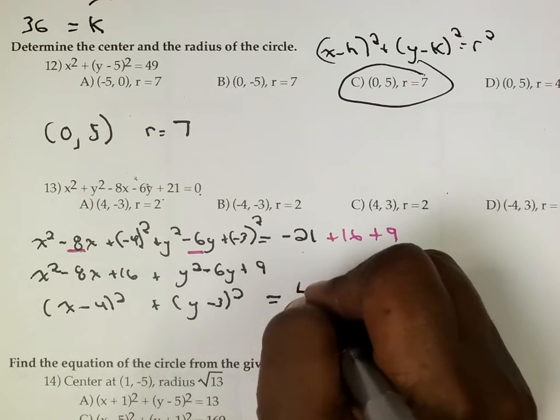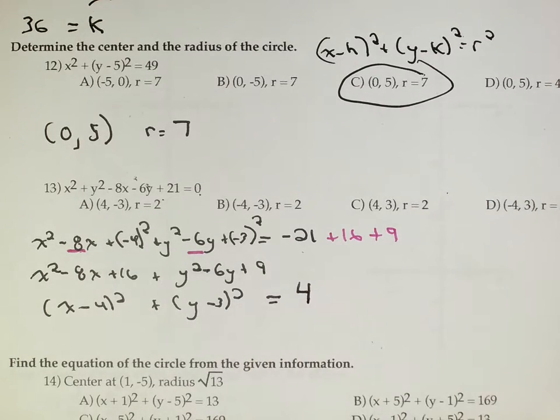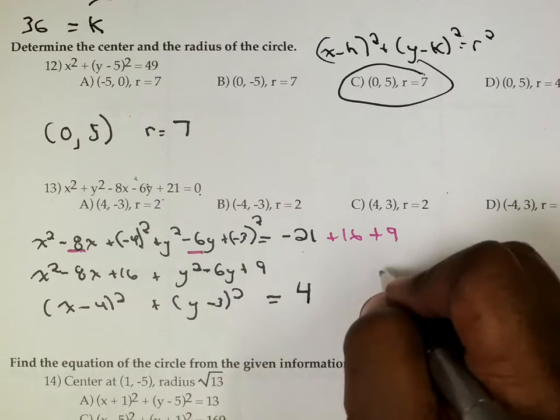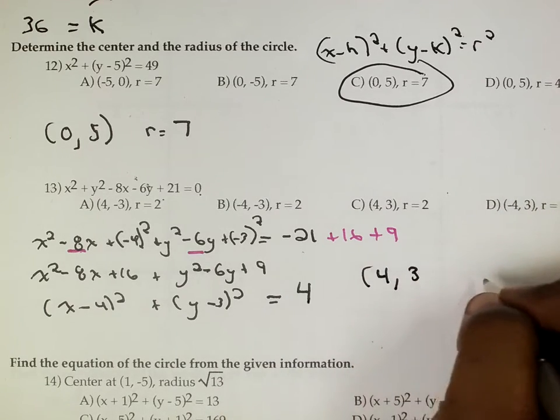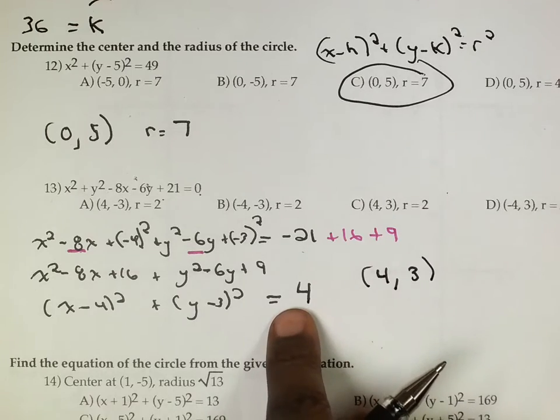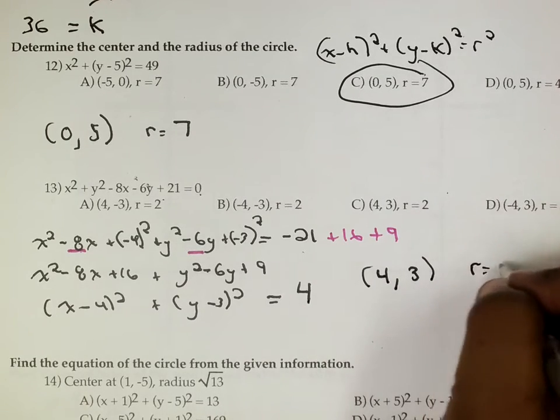And that just combines to a 4. Now that everything's in the correct form, I know what the center and radius are. It's the opposite of that. So the center, the x-coordinate is 4, the y-coordinate is 3, and then this is radius squared. So the radius is equal to 2.